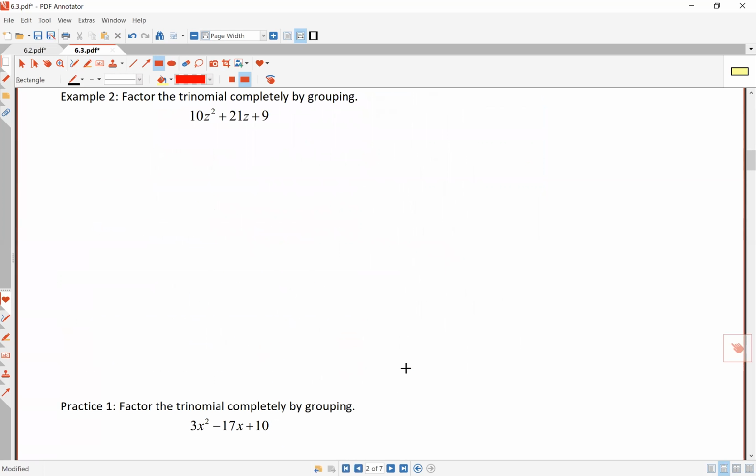Example 2: factor the trinomial completely by grouping, 10z squared plus 21z plus 9. Our a is equal to 10. Our c is equal to 9. The first step in this process is to find the product of a and c, which is 90.